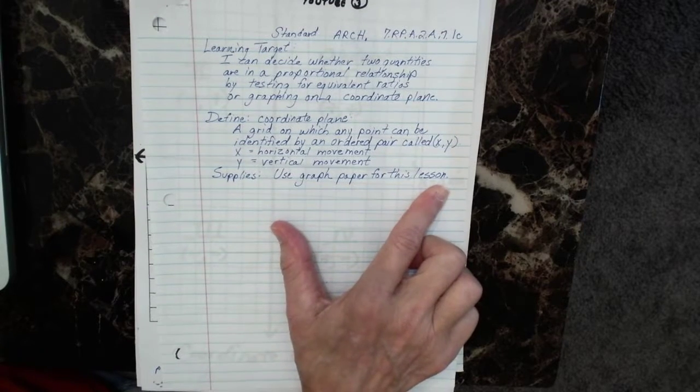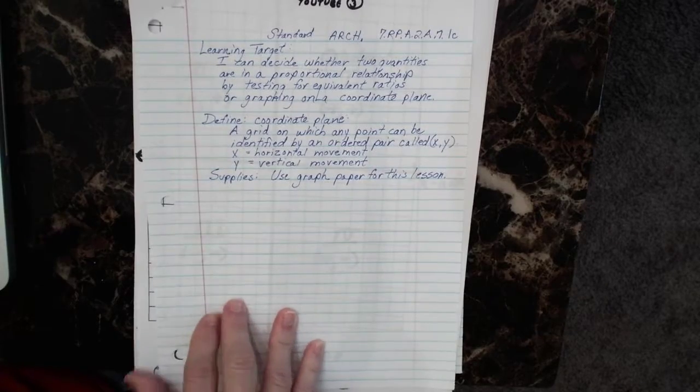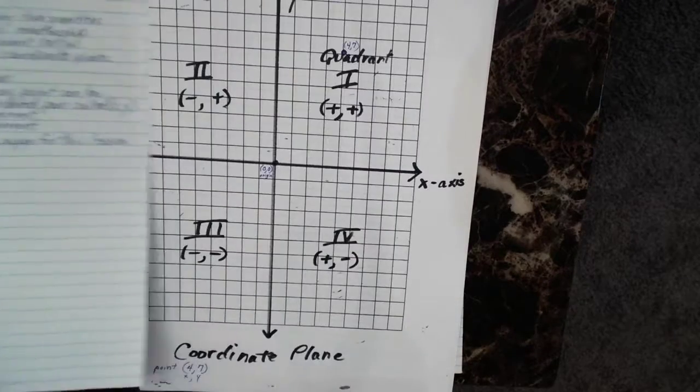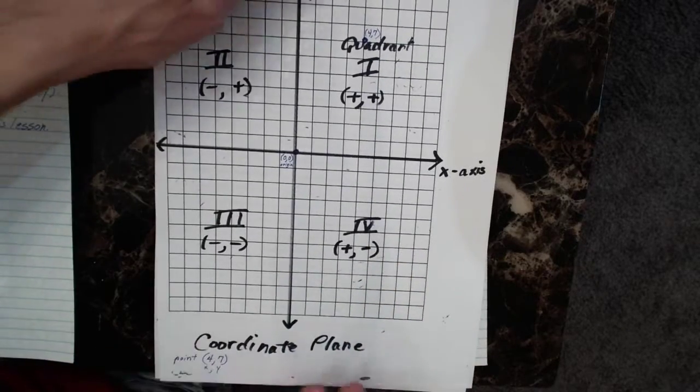So let's go over a brief tutorial for identifying an ordered pair, also called a point. You should create this for yourself if you have not ever done so.